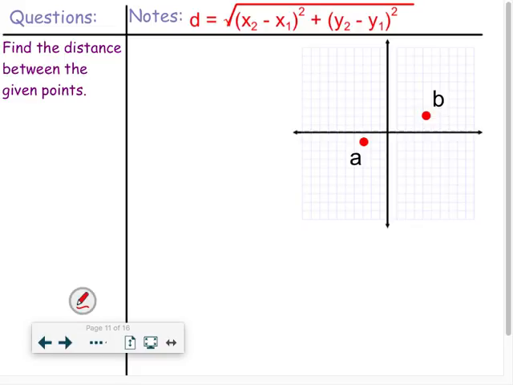Now, my grid doesn't look very easy to read, so I'm just going to use the distance formula on this one. If you can see the grid in the background though, what you do is you turn it into a right triangle, like that, and then you would be able to solve it.